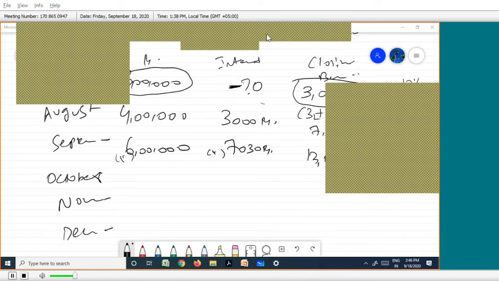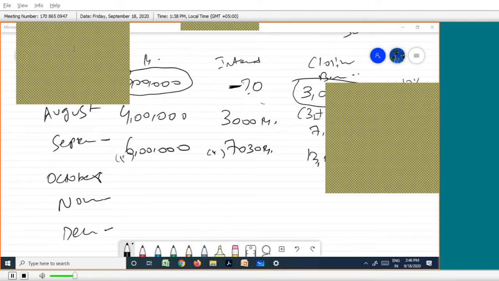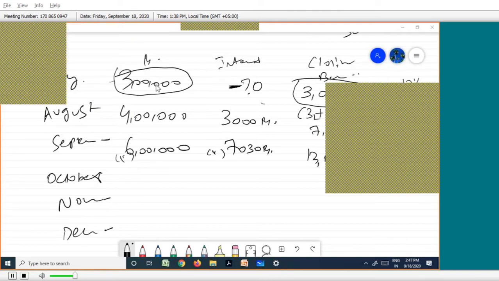So interest portion is calculated on the closing balance of the particular month. Okay. So I will explain again. What happens in July month? 3 lakhs they spent. From the bank they withdrew, they spent 3 lakh rupees.